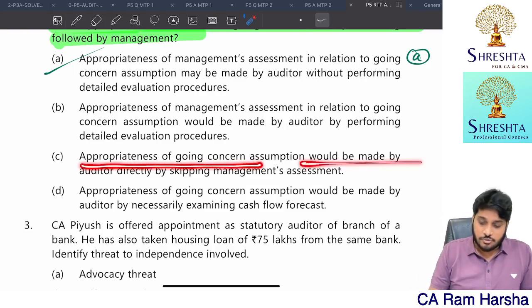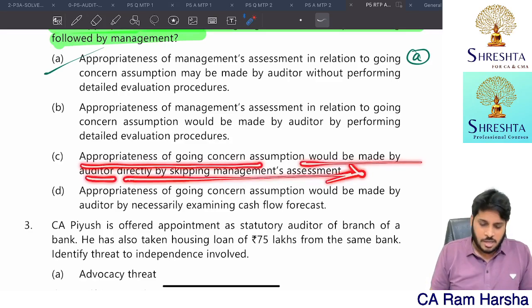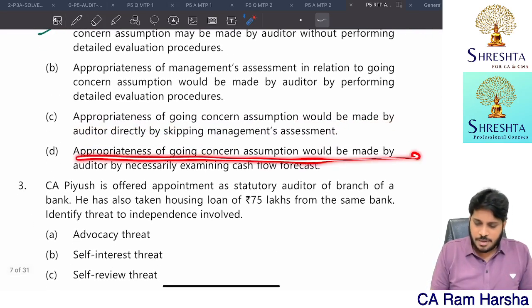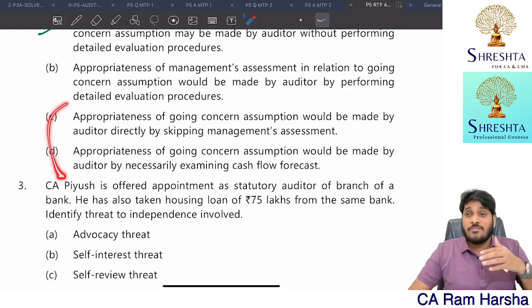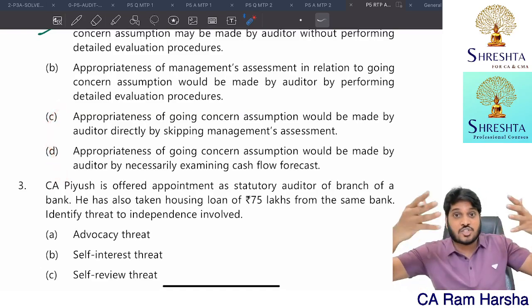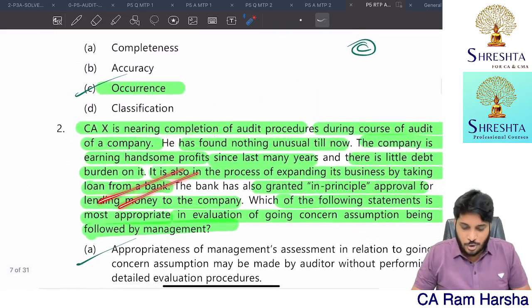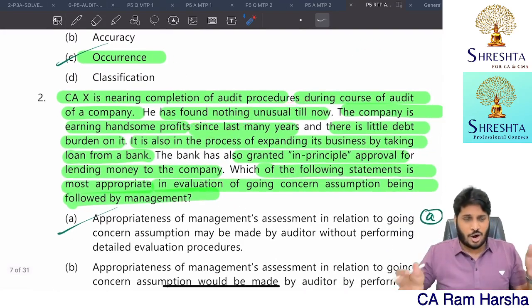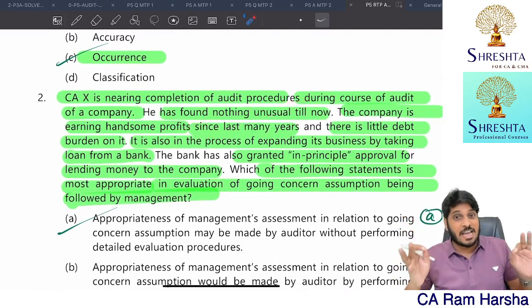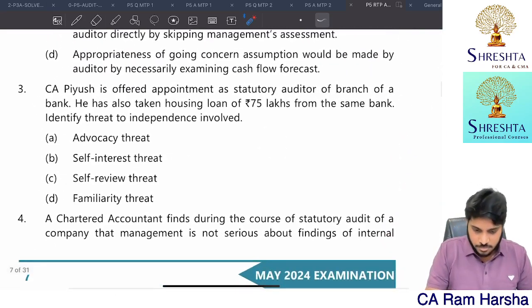Appropriateness of going concern would be made by auditor directly by skipping? No. By necessarily examining cash flow? This is required only when you find any events or conditions. Here company is having handsome profits, bank also is about to give loan, you did not find anything unusual. All these are indicating that going concern is stable. So option A.